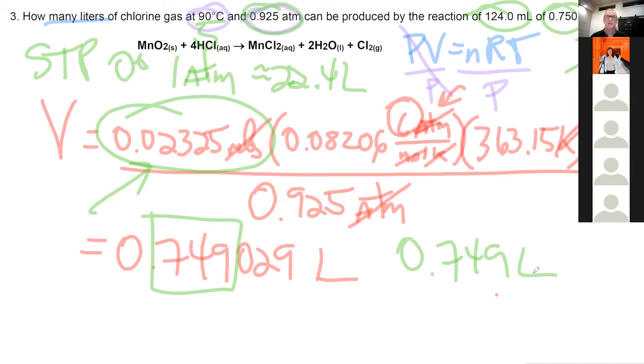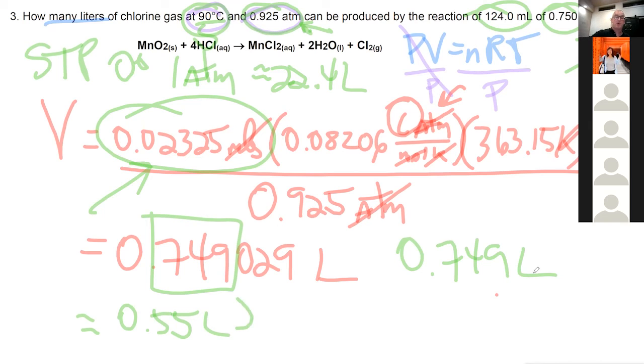And I think in this instance, you get somewhere around 0.55 or something. So you look at that and you say, well, that's less than what I'm seeing. But remember that the temperature is higher and the atmospheric pressure is lower. So both of those should give you a larger volume.